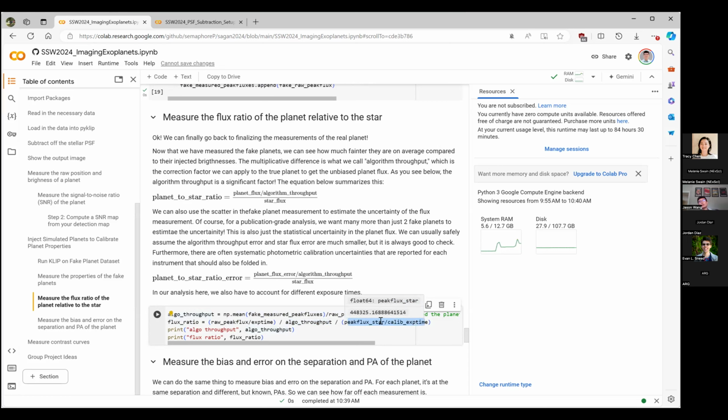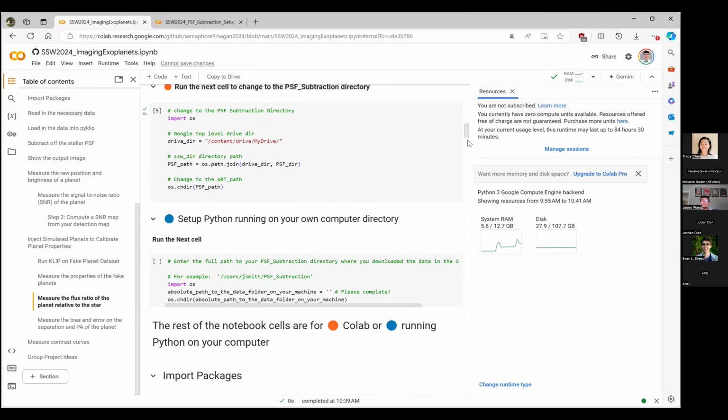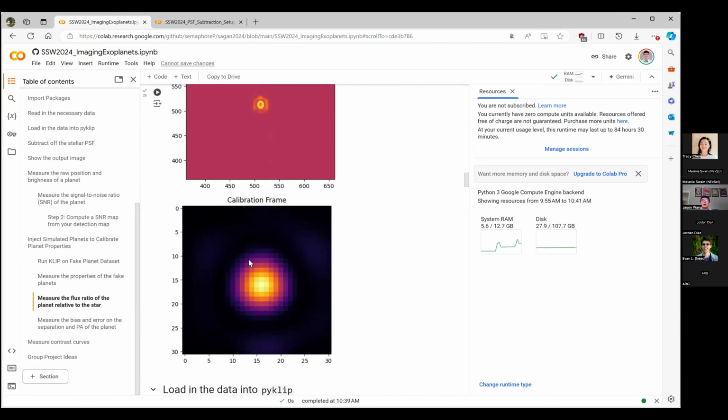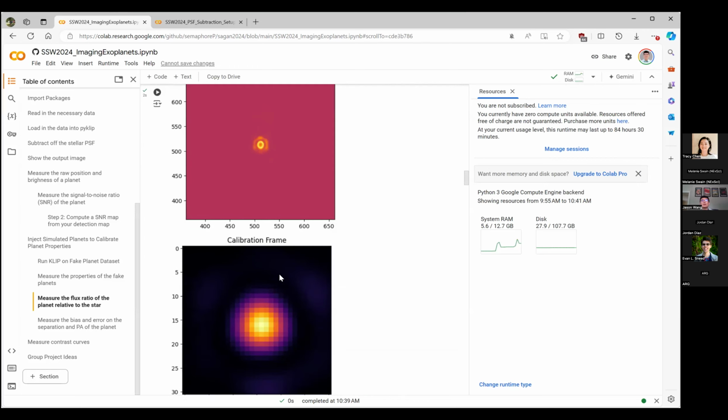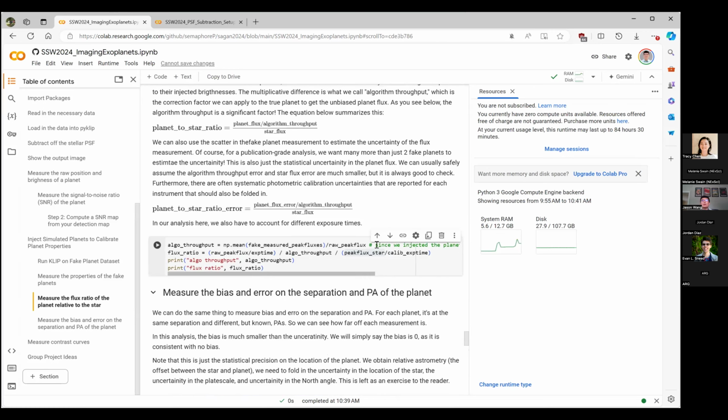So we have to measure first the flux of the star in our star frame. This is our calibration frame, but this calibration frame is taken with a different exposure time. So we have to correct for the difference in exposure time between this frame and that frame. And that's what's also done here.